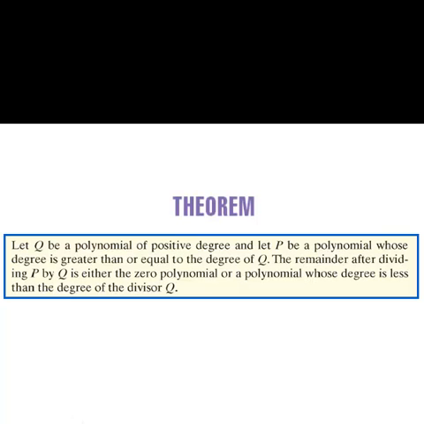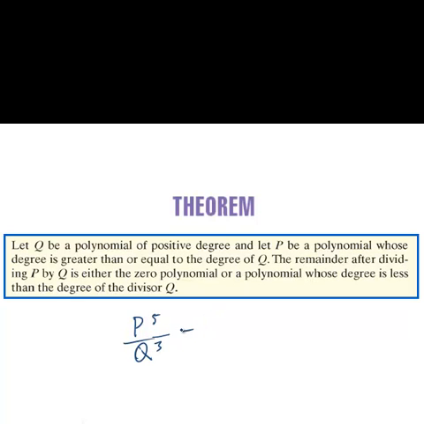So, for example, if you have P divided by Q, where P is a polynomial, Q is a polynomial. Suppose that P is a fifth degree polynomial and Q is a third degree polynomial.